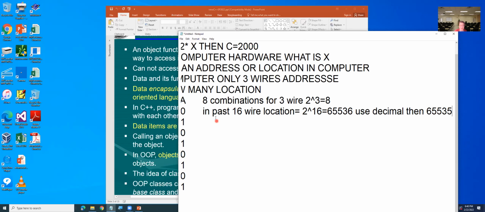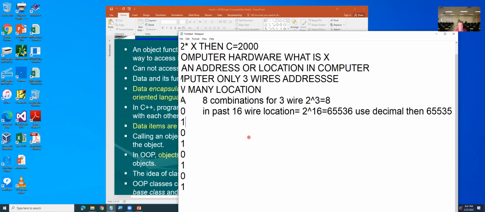But now you understand the computer now. How many wires for address? 64. So you use the formula 2 power 64, and you get a very, very big number.